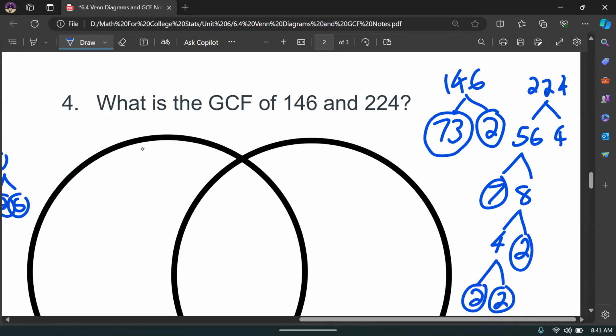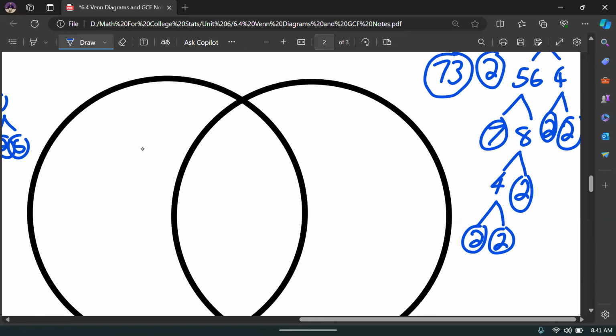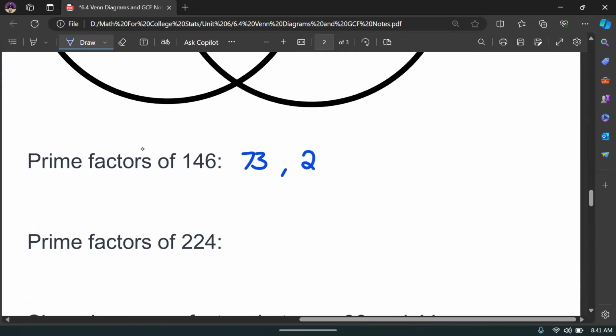A lot of factors there. We still have the 4 to do as well. 4 can break down into 2 and 2 as well. All right, I like to circle them as well. Makes it easier for me to look at. So overall, we have a 7 and then 1, 2, 3, 4, 5 2s as factors. 7 and then 5 2s.